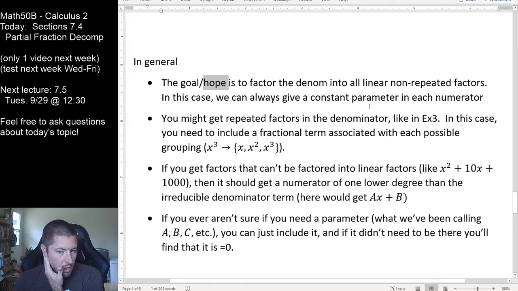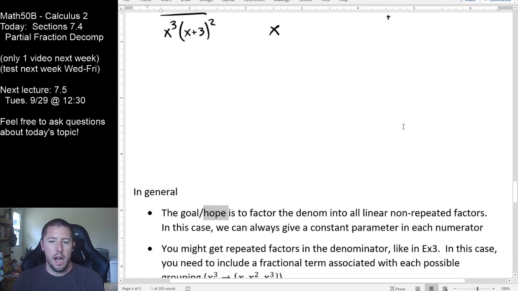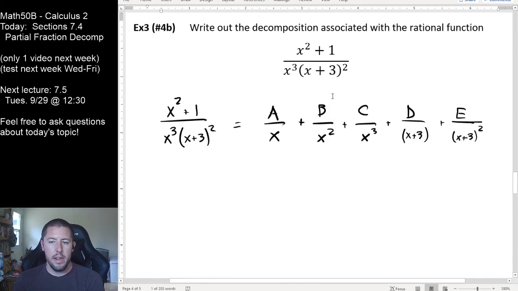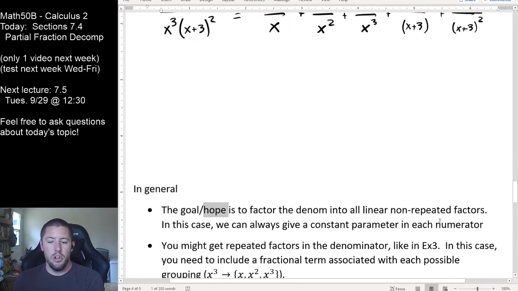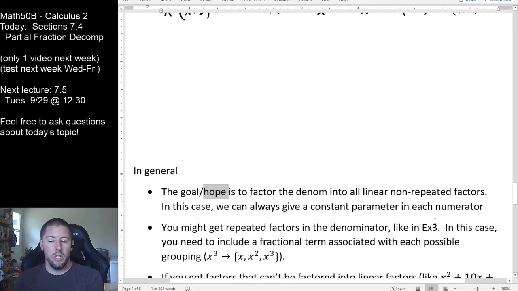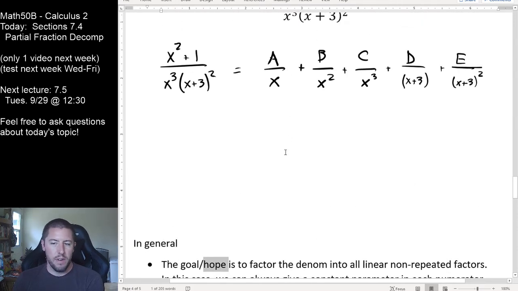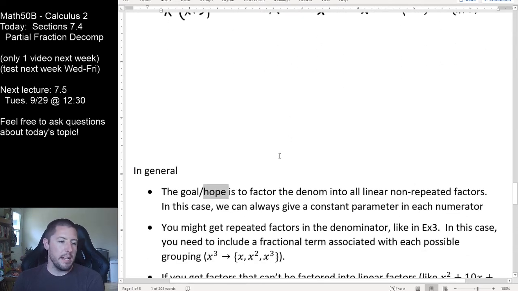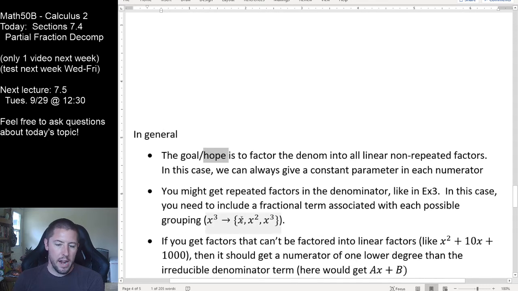It might be the case that we get repeated factors in the denominator, like we just got in example 3. In this case, you need to include a fraction, one of our partial fractions, associated with each possible grouping of them. There could have been 1 x, there could have been 2 x's, could have been 3 x's. So if you get an x cubed as a factor in a denominator, as a factor and not a sum, right?